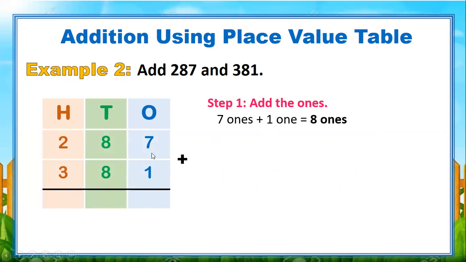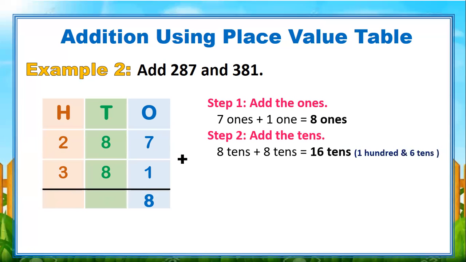So 7 ones plus 1 one is equal to 8 ones. Next step, add the tens digit. 8 tens plus 8 tens is equal to 16 tens. Since we cannot write 16 here, we need to regroup 16 tens.